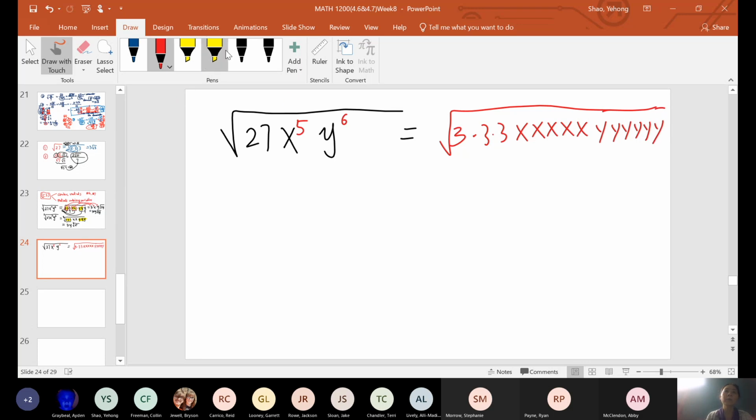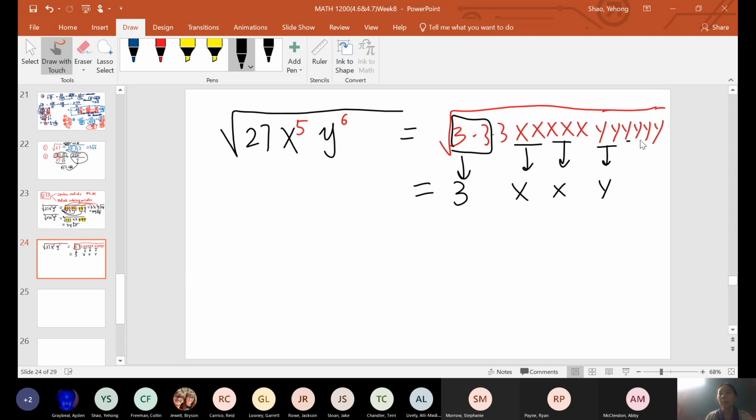So we're looking for a pattern here, so we don't have to expand every single time. We have a pair of 3, so I get a 3 out. I have a pair of x, so that gives me an x. Another pair of x gives me x. No more pairs. One pair of y, one pair of y, one pair of y.